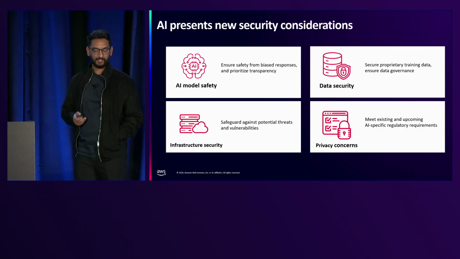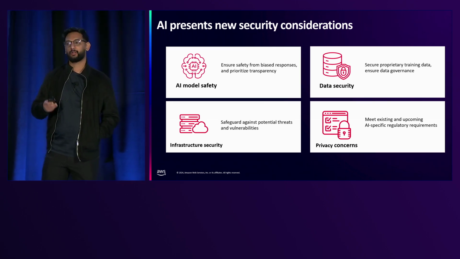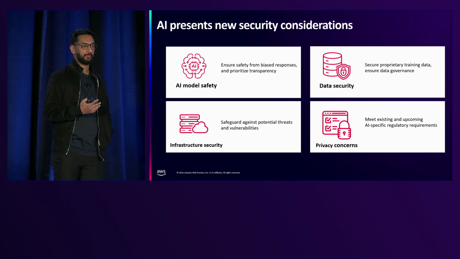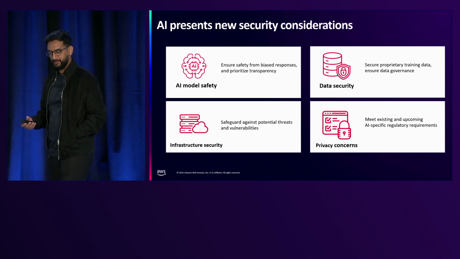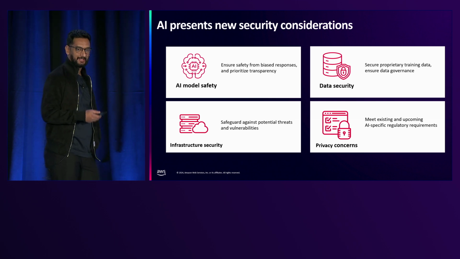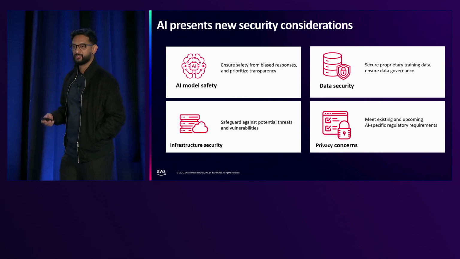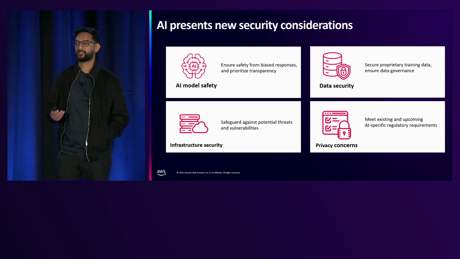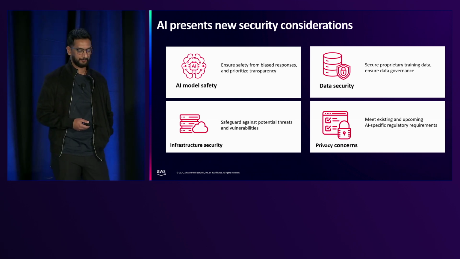And the last bit is privacy concerns. With models now being tailored with custom data and built on data that might have been coming in from surveys or other means, what this means for developers and security teams is they now have to consider things like how do they anonymize data, how do they address GDPR concerns, how do they minimize data exposure, how do you ensure access controls are implemented for developers so they don't have access to customer data.